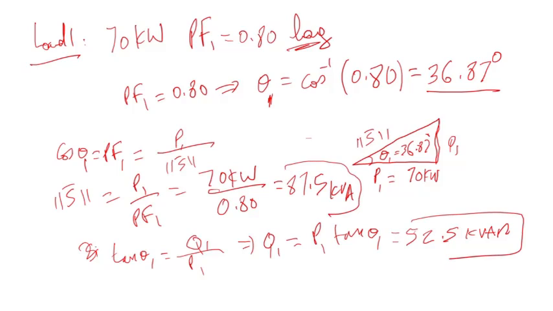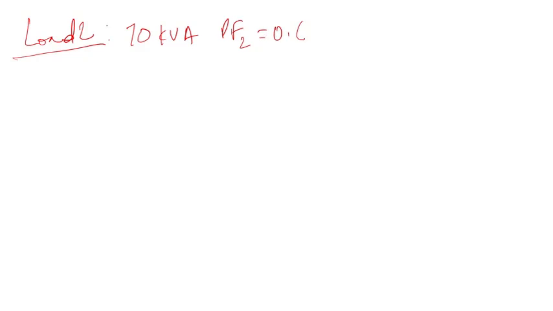So that's load 1. So I have all the information on load 1 now. Now I can do the same thing for load 2. So load 2, we said it draws 70 kVA with power factor, I'll call it power factor 2, of 0.65, leading.